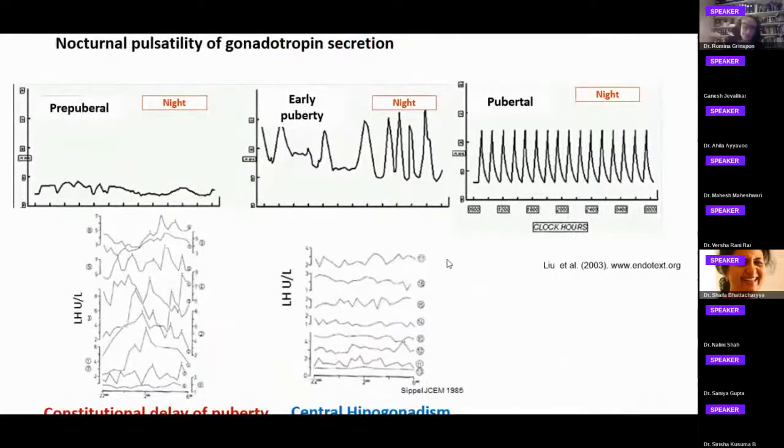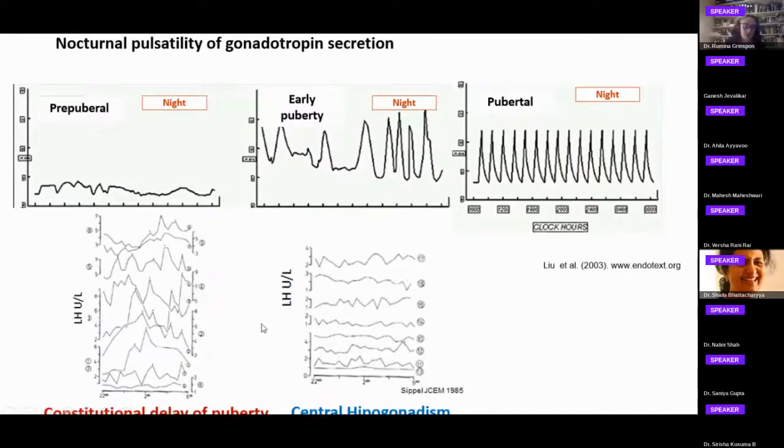A very nice way to identify the beginning of puberty is to evaluate nocturnal pulsatility of gonadotropin secretion. On the top, we can see in diagrams the absence of pulses in a prepubertal child, the asynchronic pulses in early puberty, and the synchronic pulses in puberty.